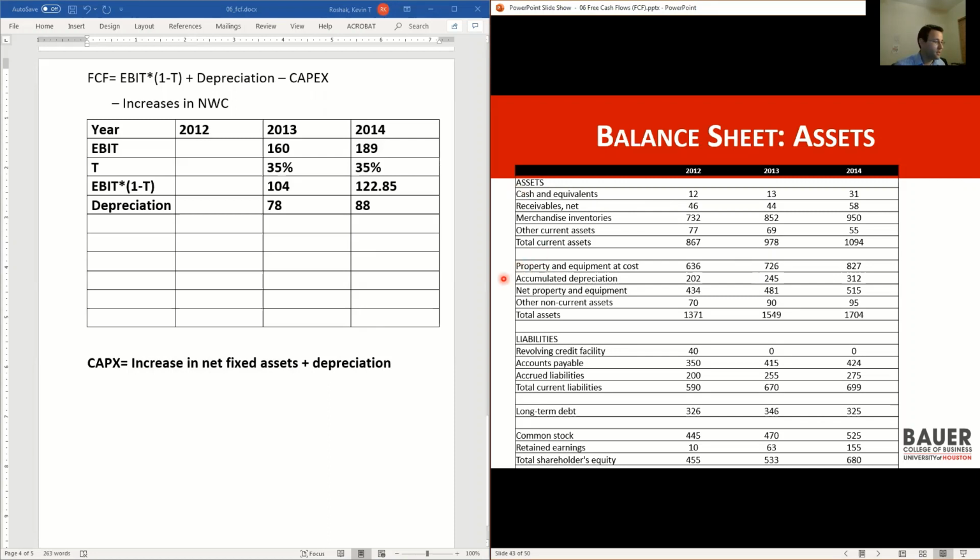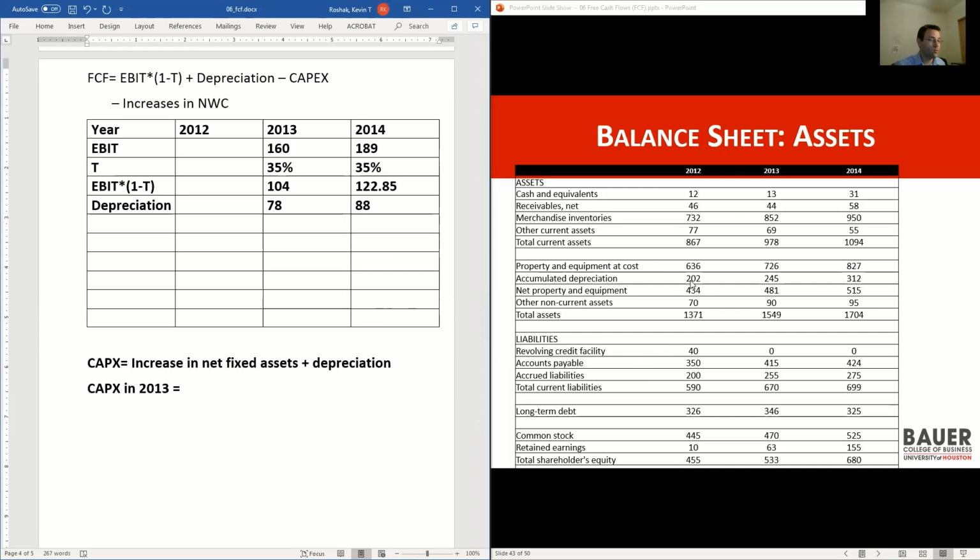That's right here. This is your net property and equipment. These are long-lived assets. So we're going to see how that changes. The CAPEX in 2013 is going to be the increase in net fixed assets from 2012 to 2013.